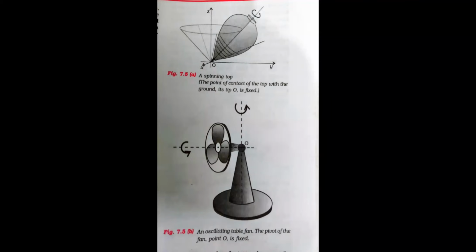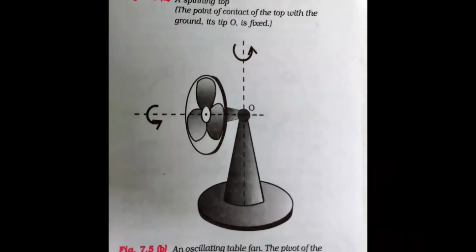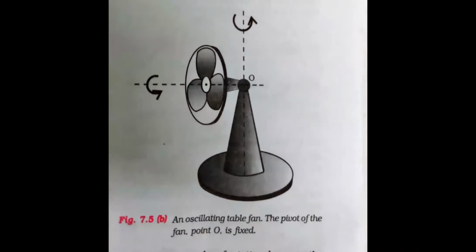In the second case, it is the table fan. Imagine that the table fan does not move in only one direction. You have noticed that the circular part can rotate around 180 degrees maybe. On this side also and the other side also it tries to oscillate. Oscillate means it comes back to its position from the center, goes towards the left-hand side and again. One end is fixed, the pivot.